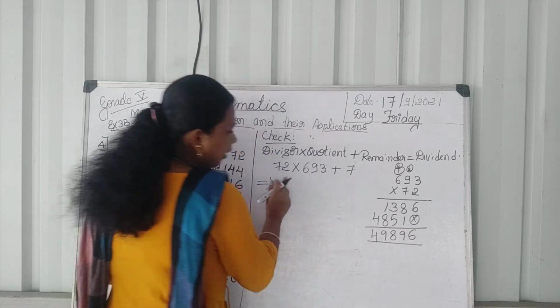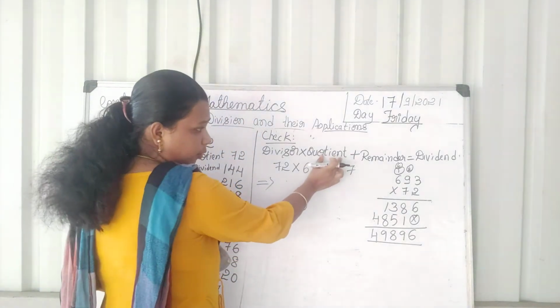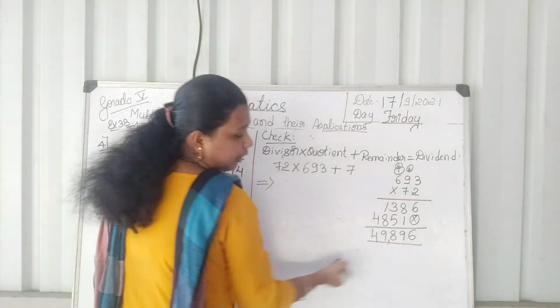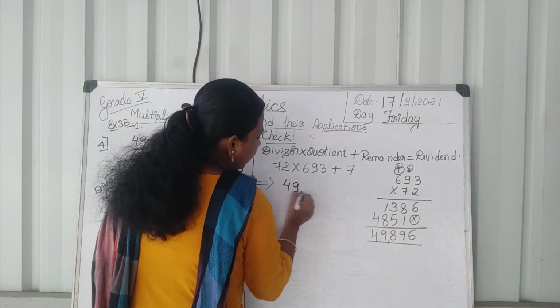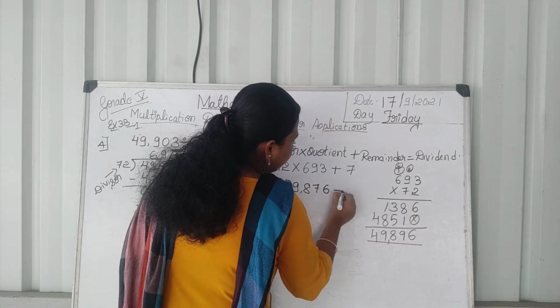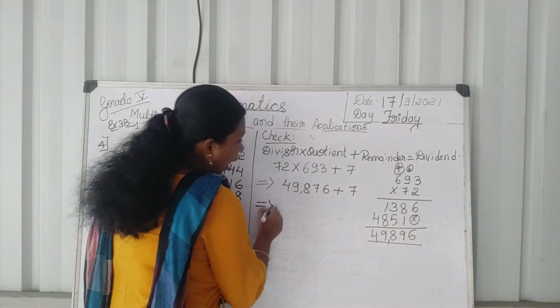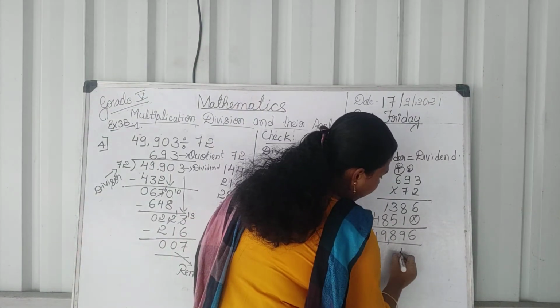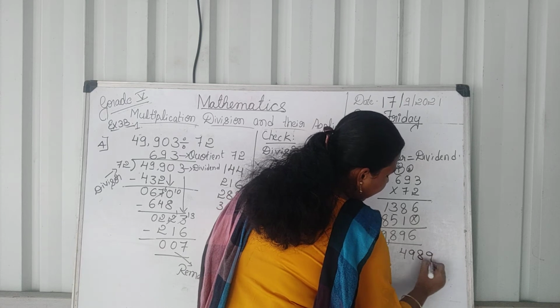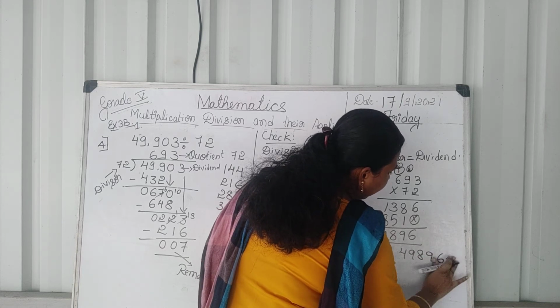Now after multiplying this quotient with this divisor, we get the product 49,896 plus the remainder is what? 7. Now add this product with 7. 49,896 plus 7.